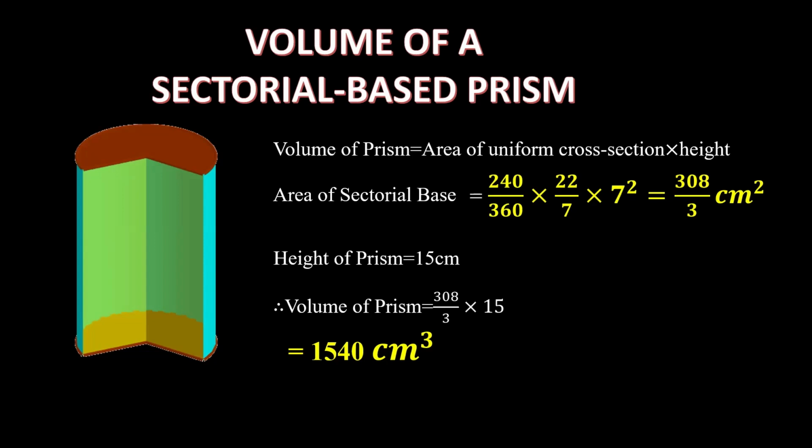If you are able to break the prism into its various plane shape parts, you'll be able to see how to get the total surface area. And for the volume, just look for the uniform cross-section, get its area, and multiply by the height of the prism. That gives you the volume of the prism.